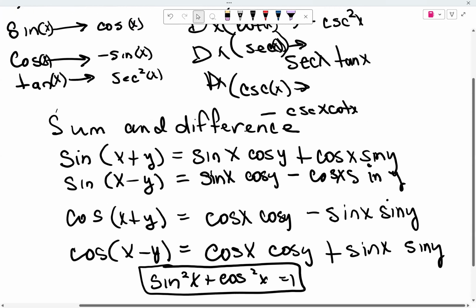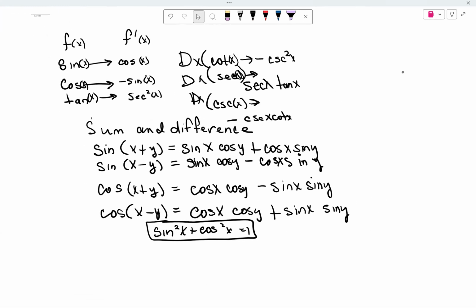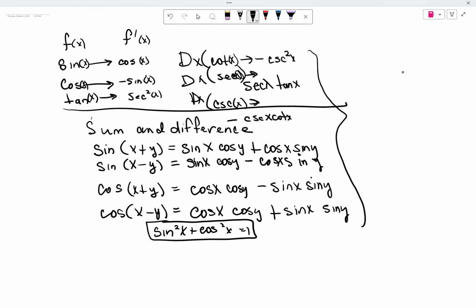Going back to this is also something you need to remember. So these are kind of like, I don't want to say memorize, but if you just remember them, that'd be great. And same thing goes for the functions and the identity.